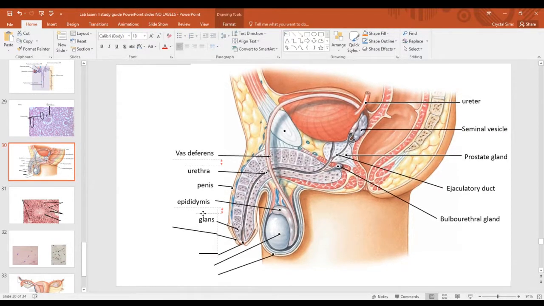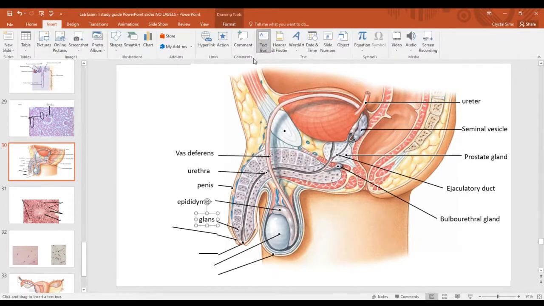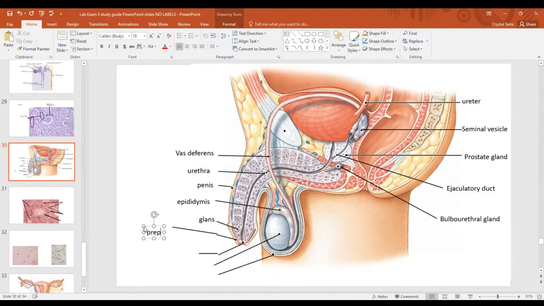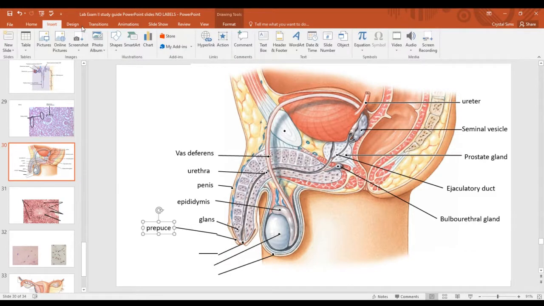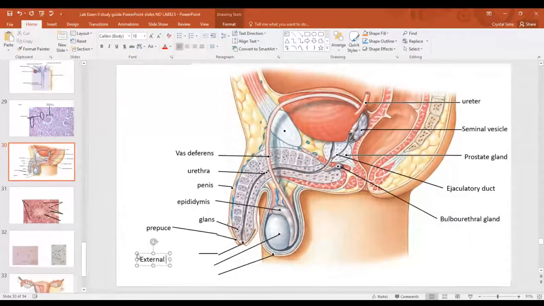Alright, so now I'm going to go on over. Oh, no, I lied. I don't know what I was thinking. Sorry, the top right is the ureter. Not vas deferens. It's on the left side.